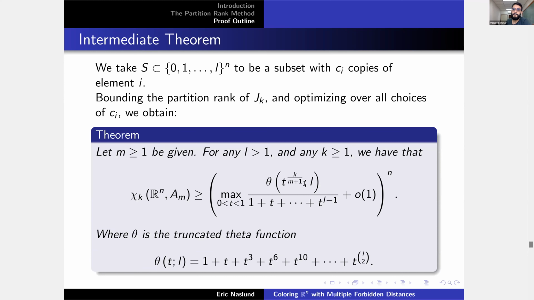Every element is a permutation of every other element. And these proportions are all different, and we have to optimize over all of them.